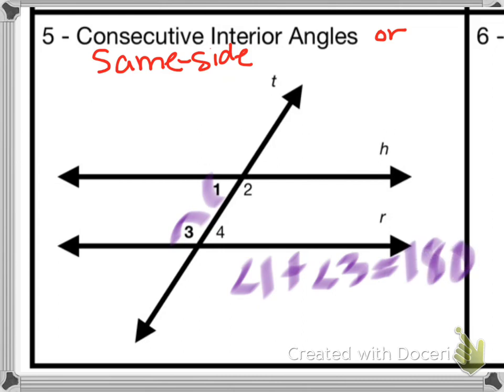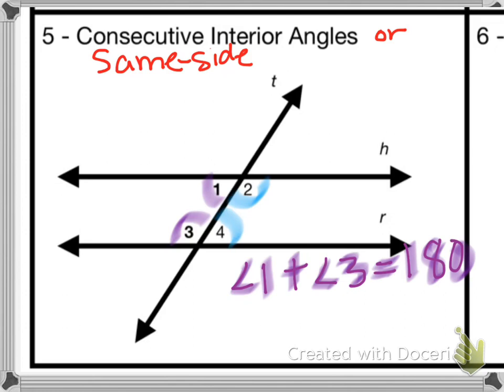And let me go over that because that's a little hard to see. So angle 1 plus angle 3 are going to equal 180 degrees. Okay, and so that's going to be the same for angle 2 and angle 4.